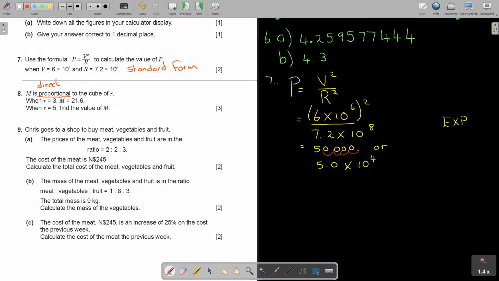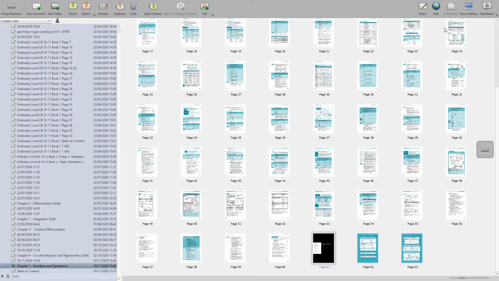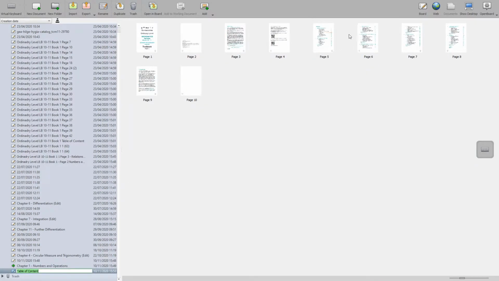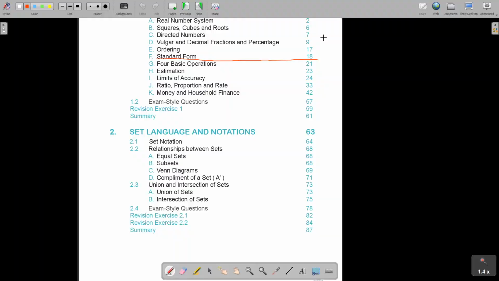When R is this, and M is this, when R is 5, find the value of M. Now first, I'm going to go back and quickly revise proportion. Just stay with me again. I'm going to my table of contents and looking for proportion. It starts on page 33.